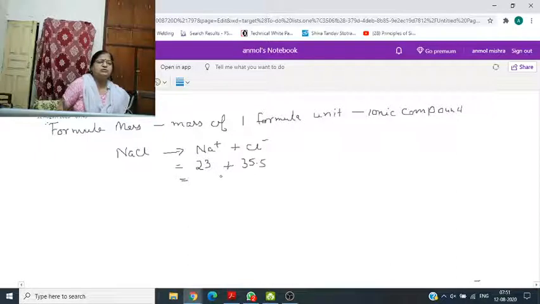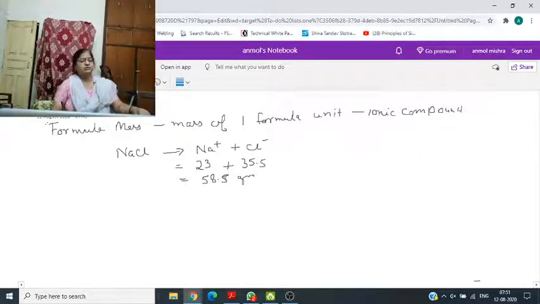That is equal to 58.5 grams. So this is the formula mass, the mass of one formula unit. You can take potassium nitrate, many more examples are there.